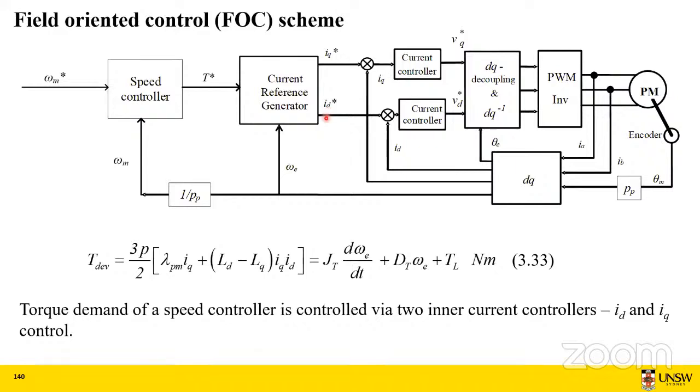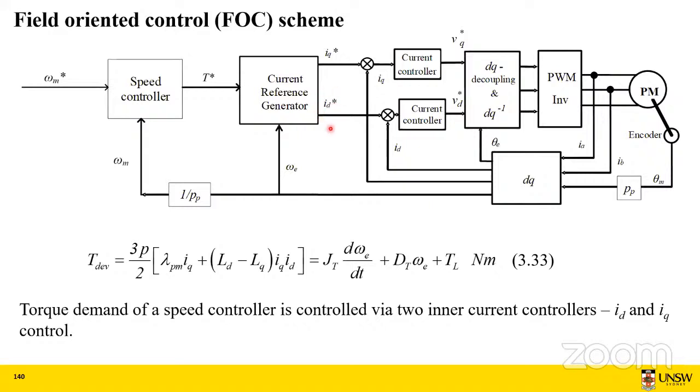If it is an SPMSM, the ID reference could be 0. If it is an IPMSM and you want to run it at MTPA, maximum torque per ampere, then you calculate that particular value and it will be here.